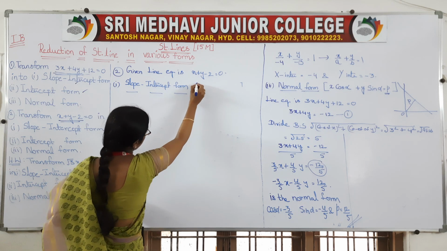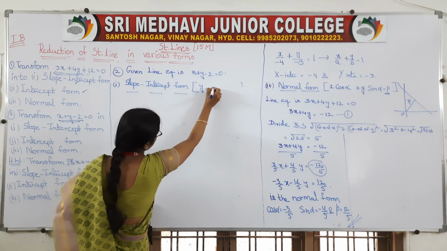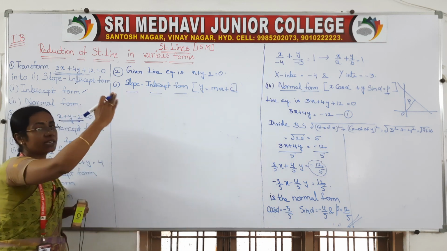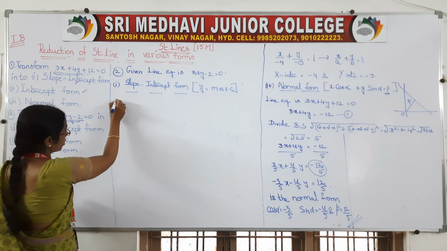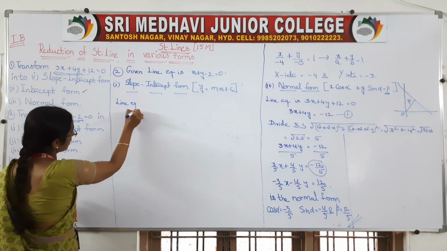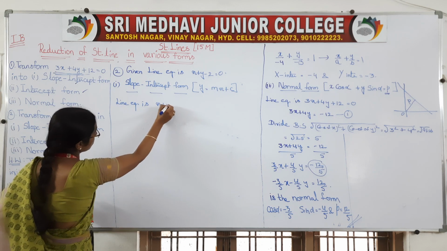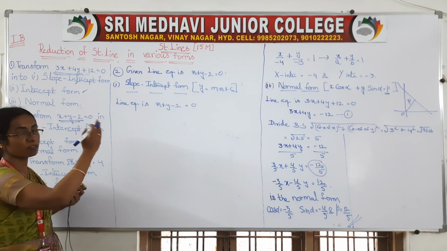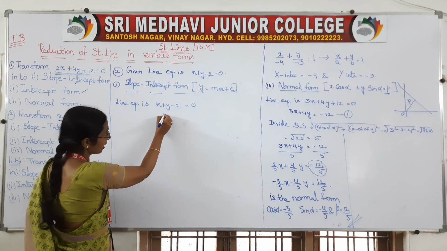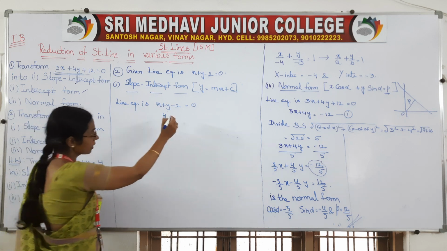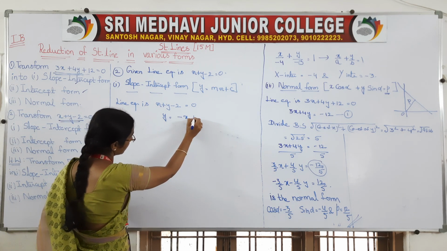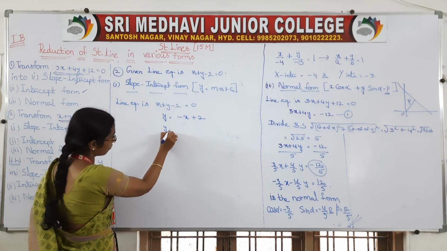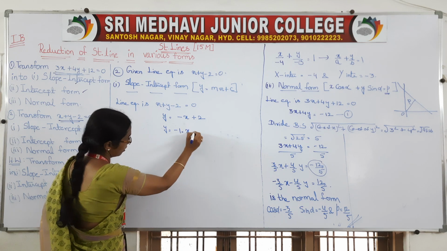So how will it be? Its equation will be y is equal to mx plus c. On the left side only y must be there, on the right side the x term and constant term. The line equation is x plus y minus 2 is equal to 0. So keep y on this side and send the remaining terms to the other side. Minus x goes to that side. So we can write y is equal to minus 1 into x plus 2.